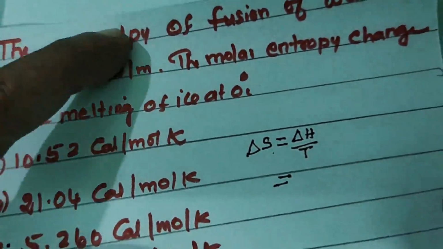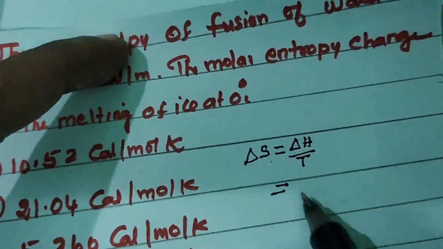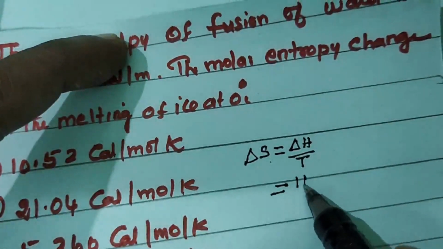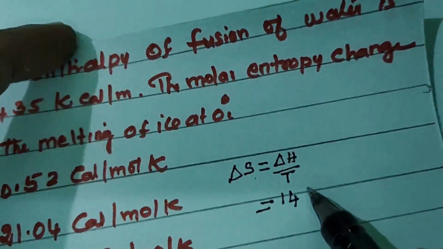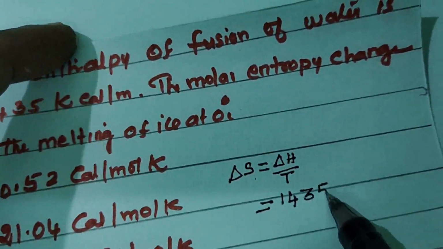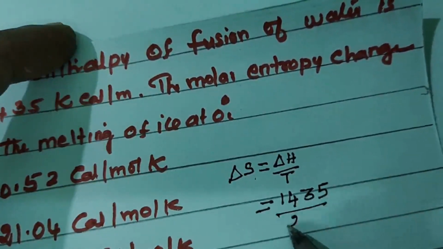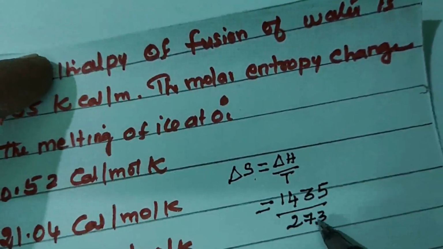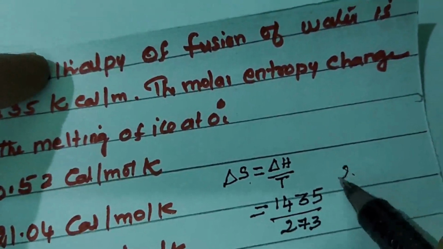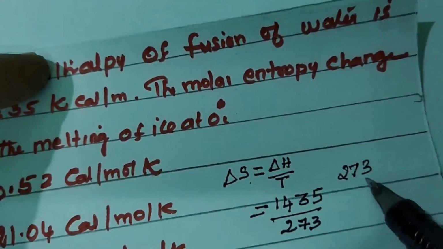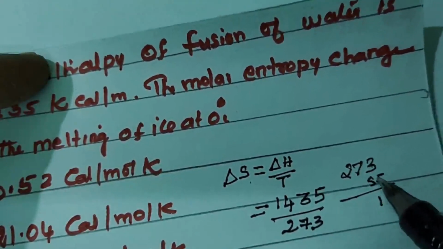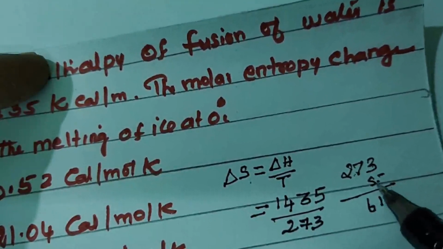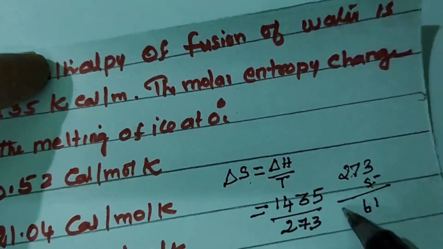Delta H is 1.435 kilocalorie. Kilocalorie is converted into calorie, that is 1435, divided by 273, since 0 degree is 273 Kelvin.